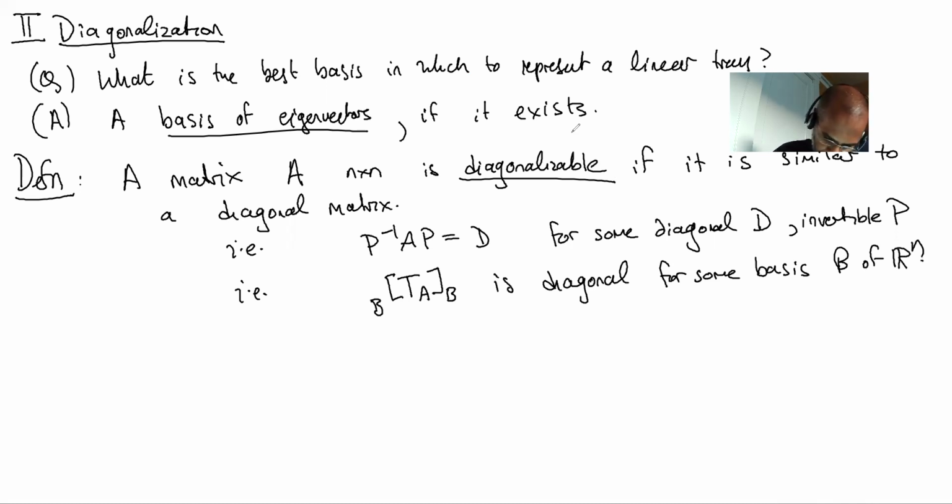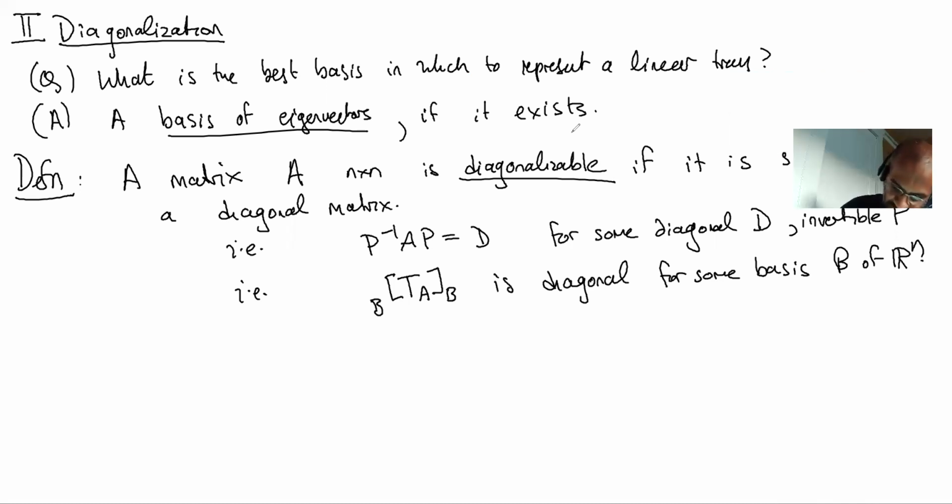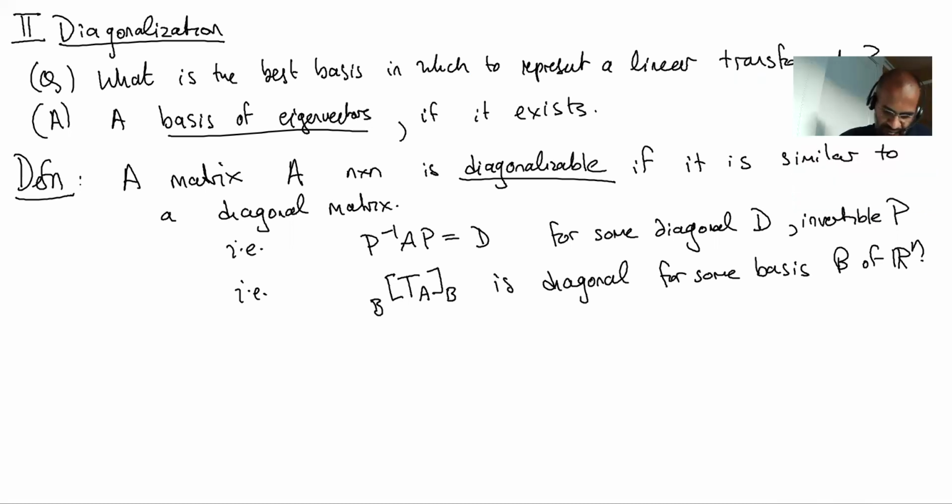Sorry, the word after linear is transformation. So that's the definition of diagonalizable. And it's going to turn out that this magic basis that makes multiplication by A diagonal is the basis of eigenvectors when it exists.